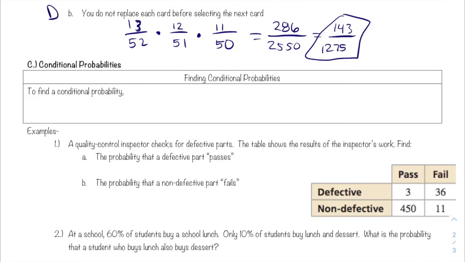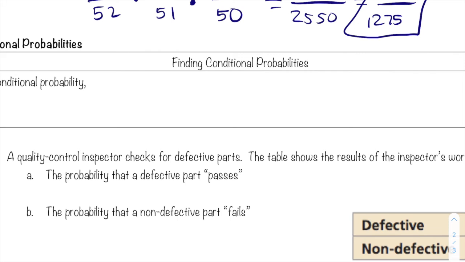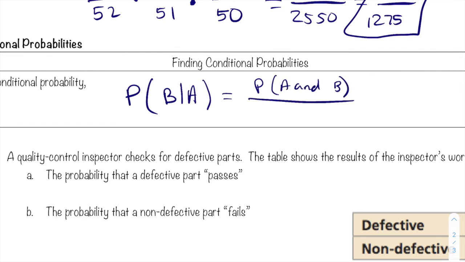So to find the conditional probability here, this is just math jargon, I guess you could say. It's not really necessary that you know this, but the conditional probability is that B will depend on A. And that is the probability of A and B happening over the probability of A happening.